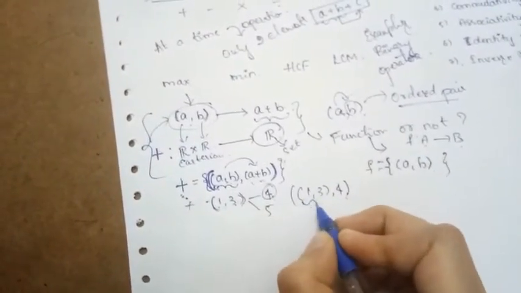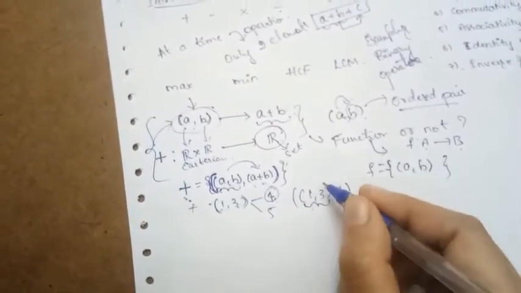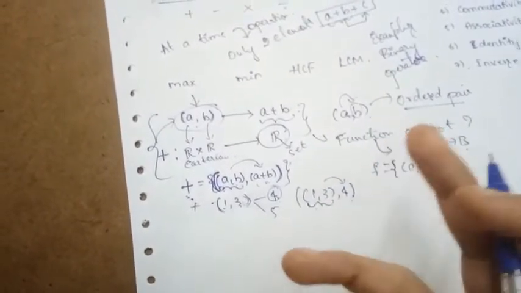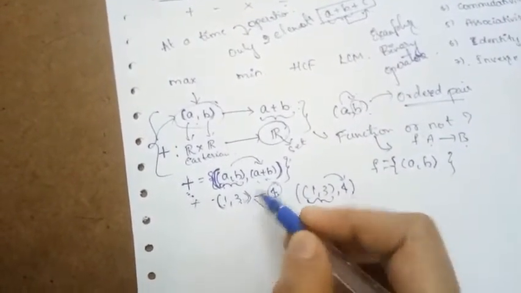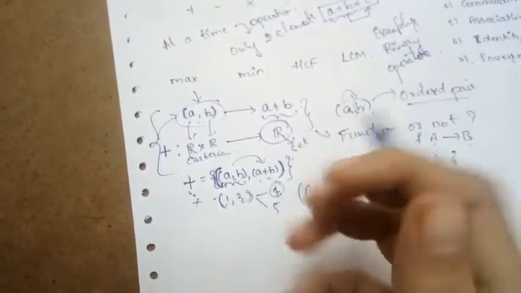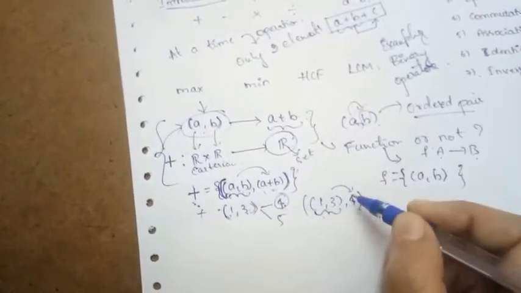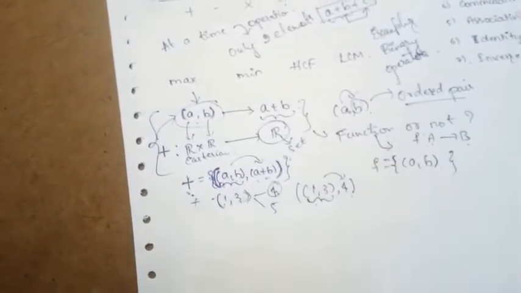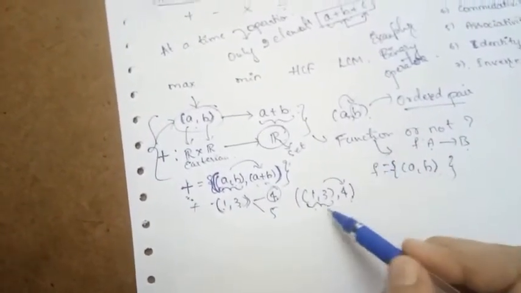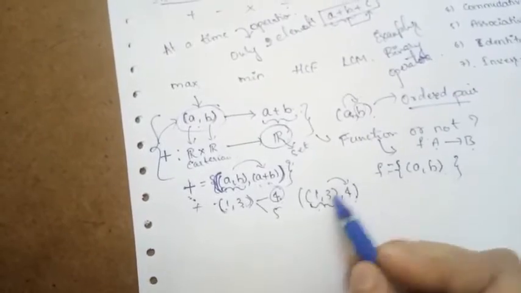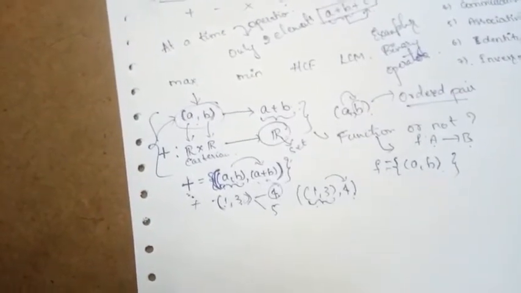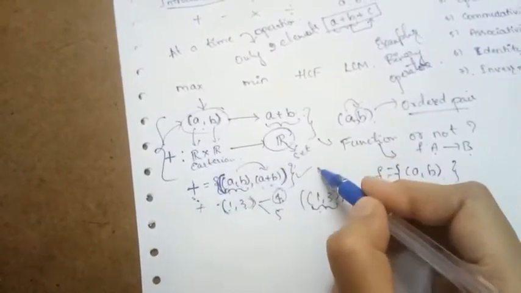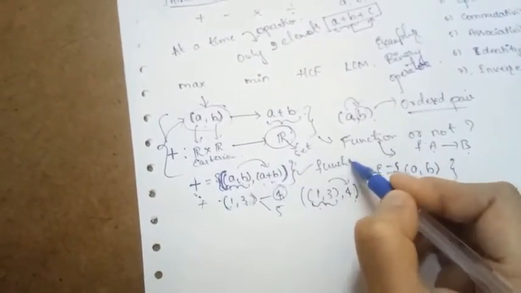So for the same first element we can't have different images; (1, 3) cannot have two images. No two ordered pairs will have the same first element, so we can say that addition is a function.